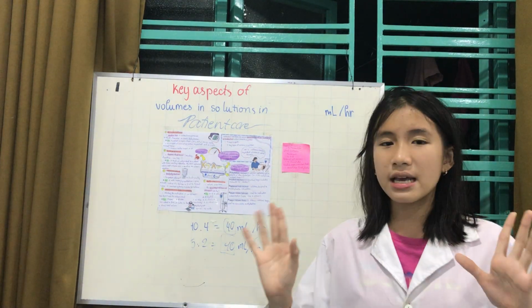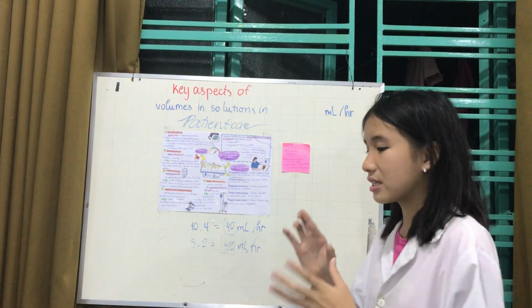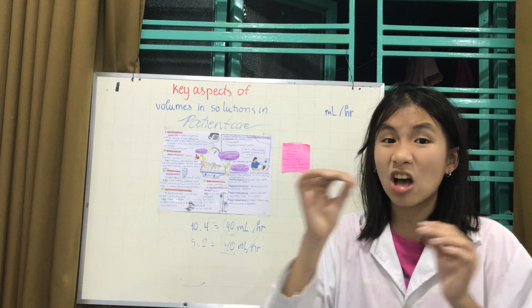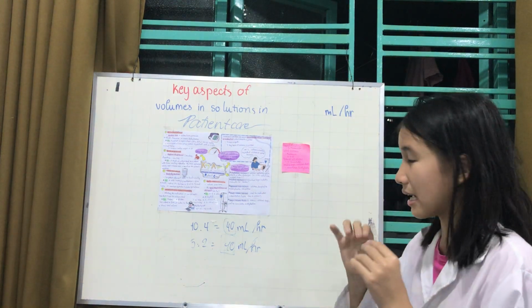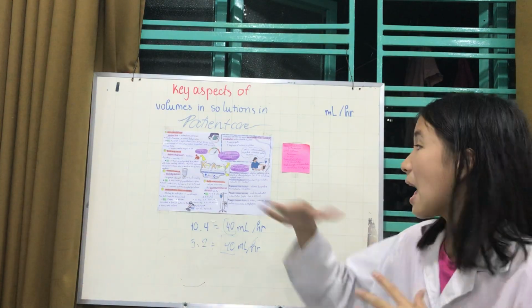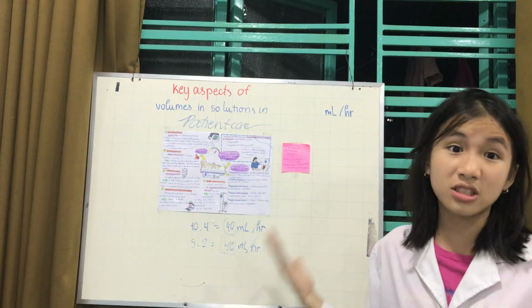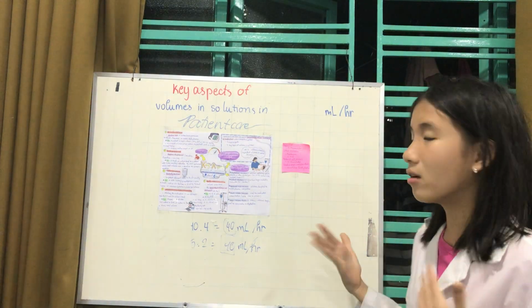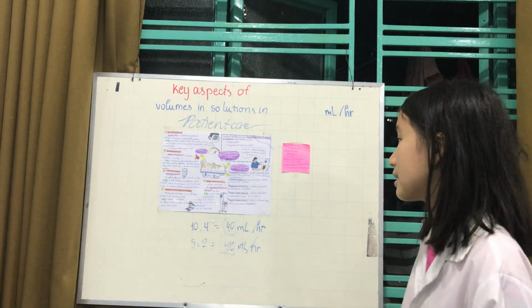The second one is colloid solutions, which contain larger insoluble molecules than the crystalloid solutions. For example, some of those will be starches. They are all used for IV fluids.